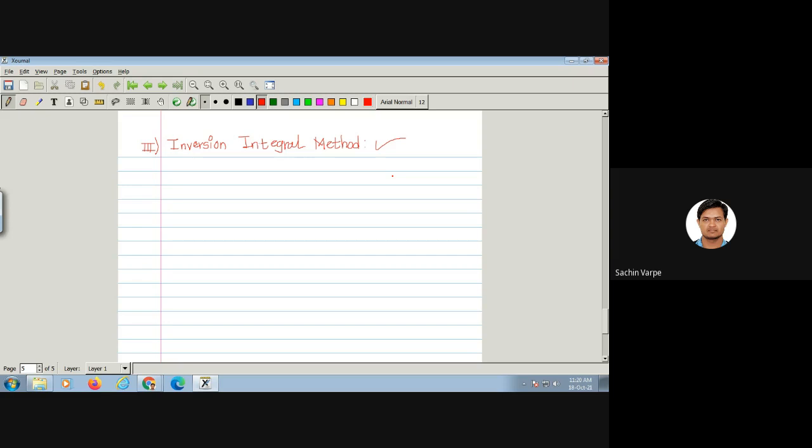I've already told you that we are going to discuss this method in detail in the last unit also, in complex analysis. So before the direct discussion on the inversion integral method, let us have some preliminaries required to discuss it.